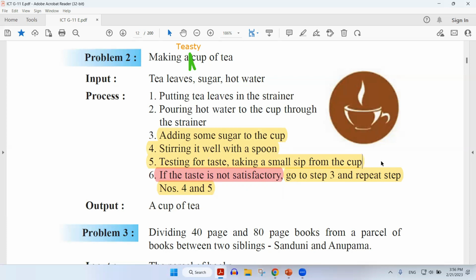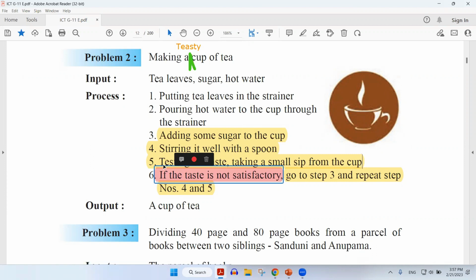And remember, if an iteration or a repetition is going to happen, it happens due to a condition. Some particular condition should be there, and that condition should be a question which can be answered with a yes or no. This condition is asking if the taste is not satisfactory, or in other words, you can ask the question, is the taste satisfactory?